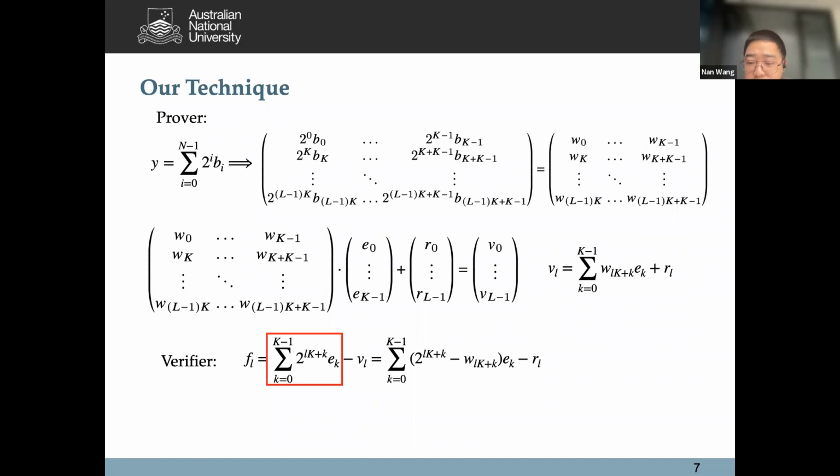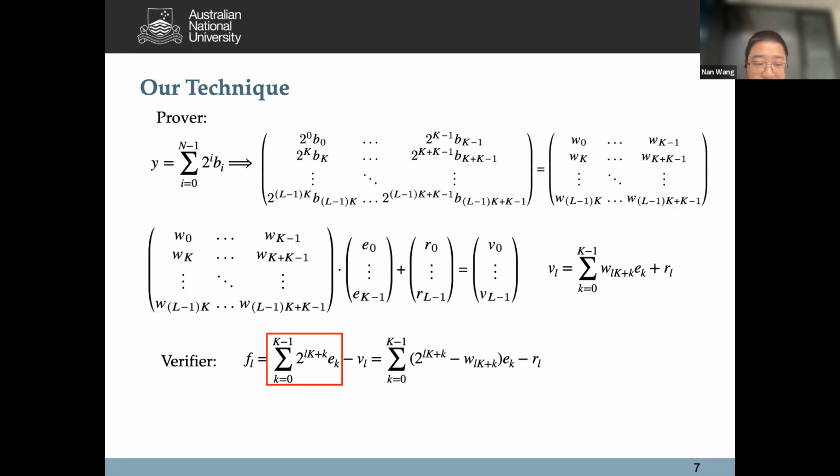The values v_0 to v_{L-1} do not reveal any information due to the random vector r_0 to r_{L-1}. With v_l, the verifier can compute an f_l by subtracting v_l from the sum of 2^{lK+k} times e_k, which is enclosed in the red frame.